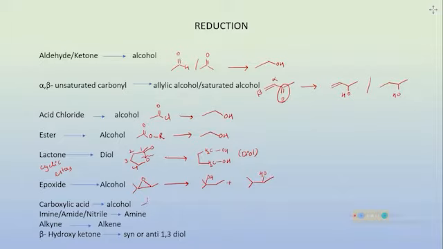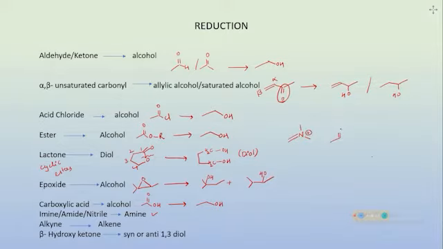Carboxylic acids. We know that the C double bond O OH group is called carboxylic acid. This on reduction produces alcohol. Imine, amide, nitrile are converted to amines. C double bond N is called imine.